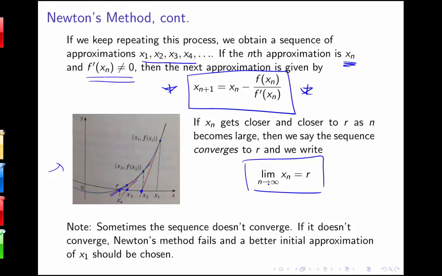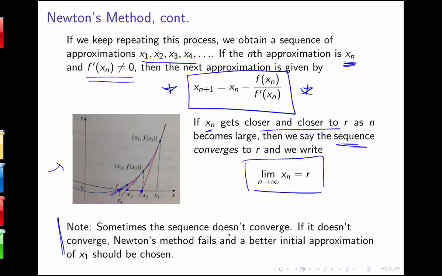We see that if xn is going to get closer and closer to this root as we take more and more steps in our approximation, then we have this sequence of approximations converging to r, and we can say that the limit as n goes to infinity of xn is equal to r. But sometimes this method doesn't work. We have to be very careful in what we choose to be our first approximation.